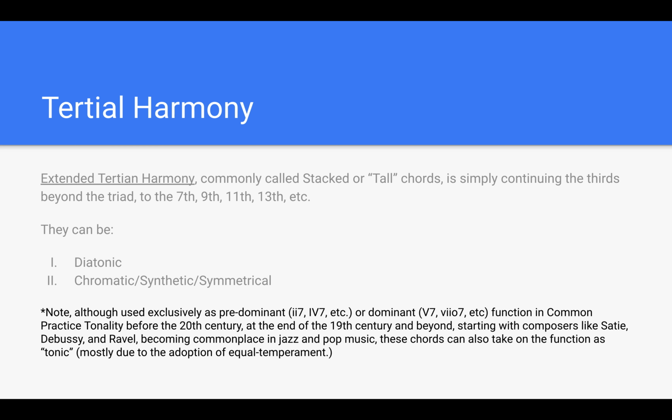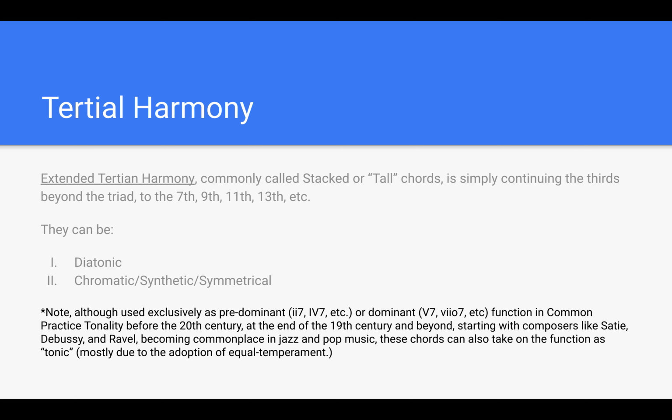Continuing with tertian harmony, extended tertian harmony, commonly called stacked or tall chords, is simply continuing the thirds beyond the triad to the 7th, 9th, 11th, 13th, etc. They can be diatonic or chromatic, and subchromatic chords we could call synthetic or symmetrical. They're all essentially chromatic.